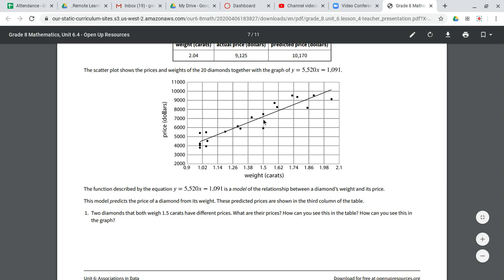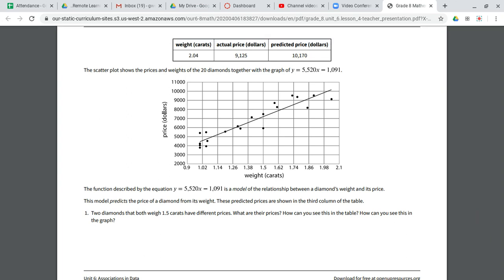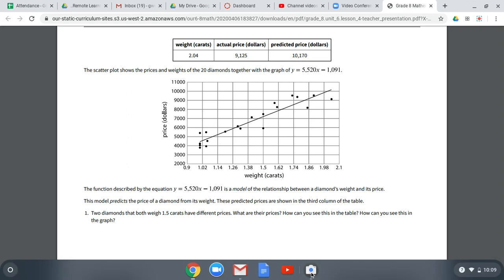So if we look, this line of fit at 1.5 is a little above the $7,000 mark. So it's a little higher. And we know from what we did in the previous that one of our diamonds was 7,479. So we know it's pretty close, but it's just a little bit off.